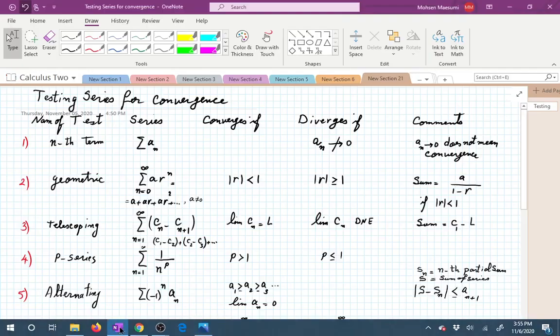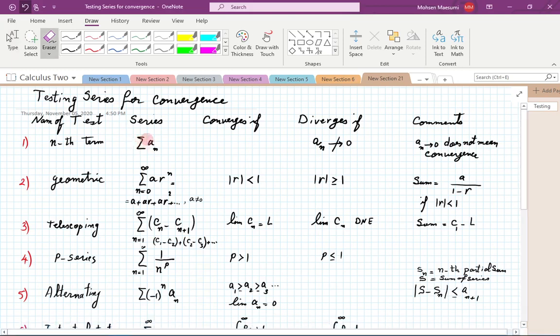So we had started talking about an infinite series. We have infinitely many numbers, and we are adding them up. We want to know if the sum tends toward a limit or not. If it does, we say the series converges, otherwise we say it diverges. So we have to detect which one of these two it's going to be.